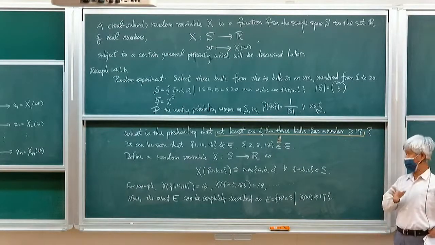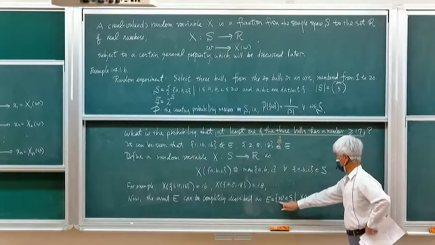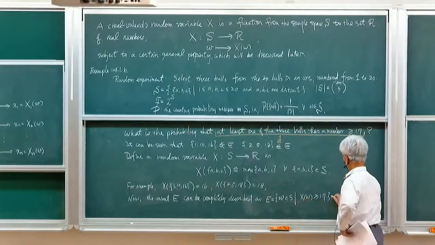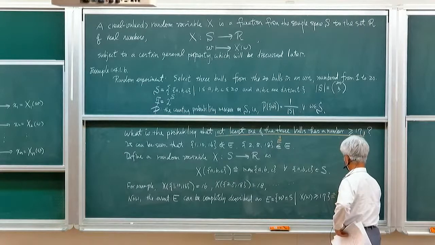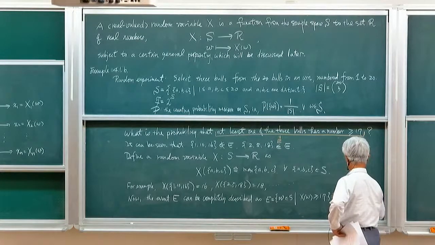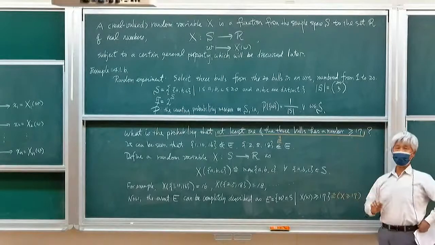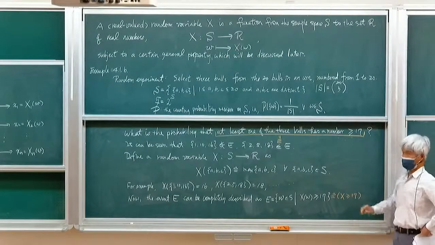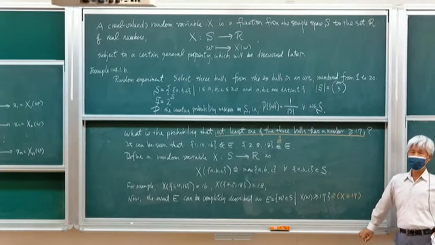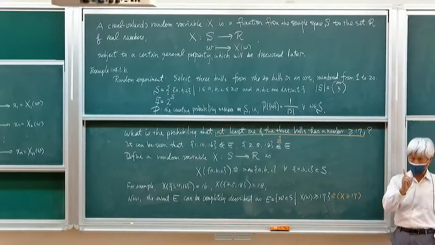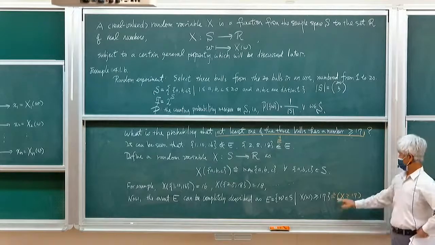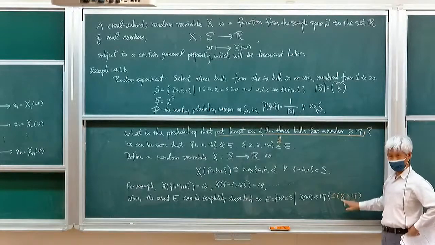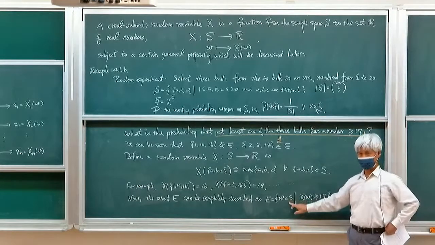And in probability theory, such an event will be denoted as X greater than or equal to 17, which says that the random variable X is greater than or equal to 17. But always remember, this notation means an event.